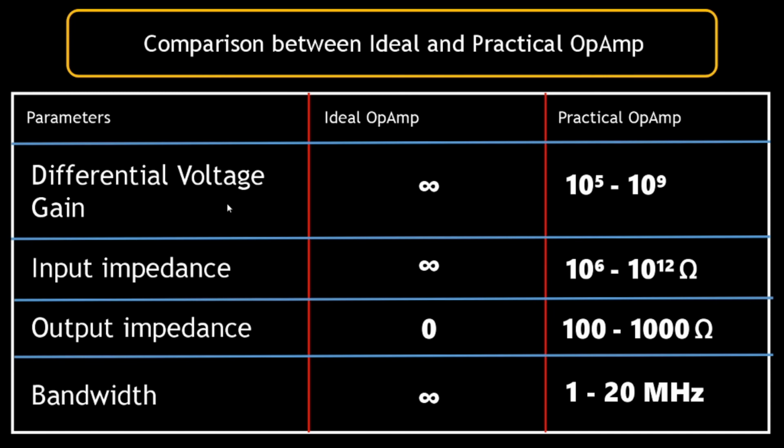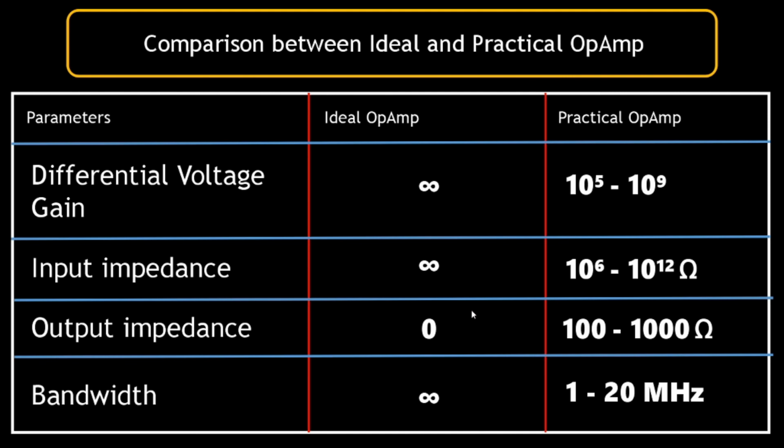As you can see from this table, for an ideal op-amp, the differential voltage gain, which is A, is infinity, and in case of a practical op-amp, we know we cannot achieve the gain to be infinity. Therefore, the value is close to 10 to the power 5 to 10 to the power 9. For an ideal op-amp, the input impedance we saw is infinity, but in case of a practical op-amp, it is very high, which is 10 to the power 6 to 10 to the power 12 ohms.